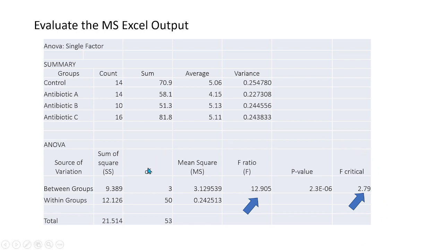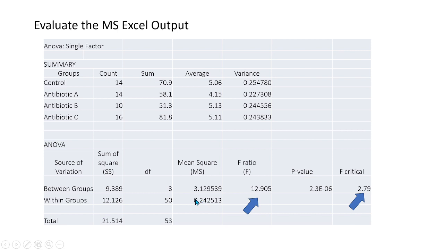As you can see, our DF between groups is 3. DF within groups is 50, and the DF total is 53. The sum of squares between is 9.38, and the sum of squares within is 12.12. The mean square was obtained by dividing 9.389 by 3, so that equals 3.129.